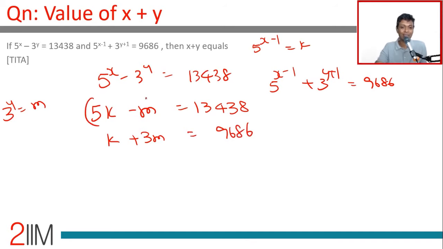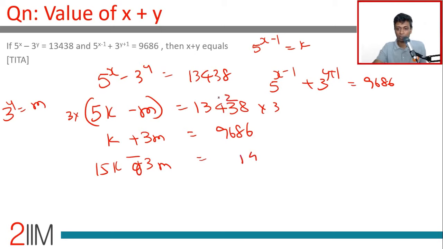Brilliant. Multiply this by 3. We get 15k minus 3m equals 13438 into 3, which is 40314. Fine.